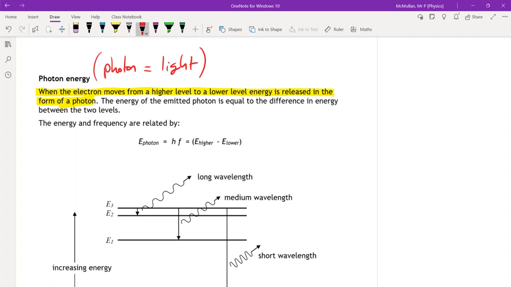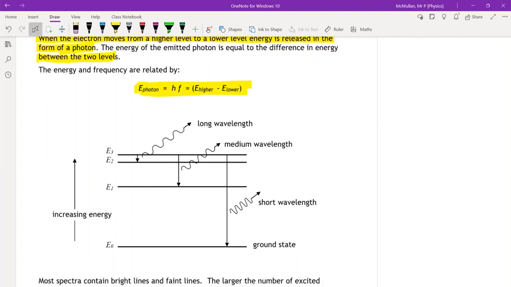The energy of the emitted photon is equal to the difference in the energy between the two levels. Photon energy equals E_high minus E_low. So I had used the terms E1 and E0, it's just the same thing. This is higher, this is lower. It goes up because it absorbs the photon, then it goes back down and it gives out a photon.